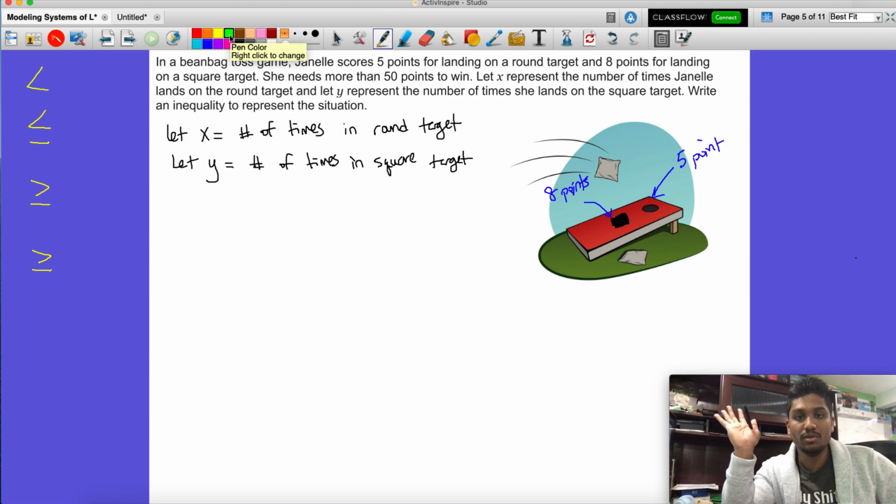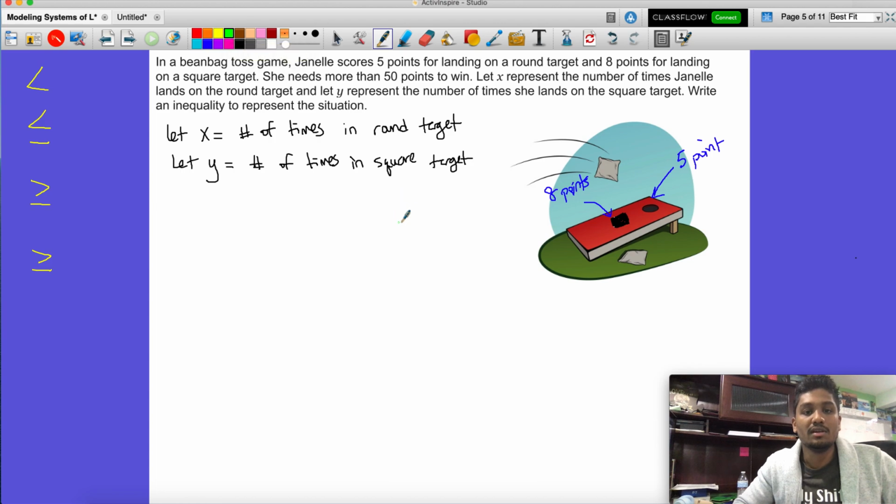We can eliminate two of them right off the bat just by looking at specific words. She needs more than. When you think about more than, which symbol are you thinking about? I'm thinking about greater than. Which means we can get rid of the less than symbols, because she doesn't want to score less than 50, she wants to score more than 50.